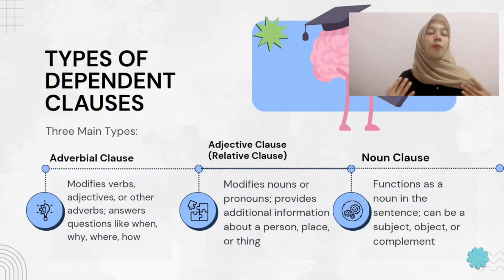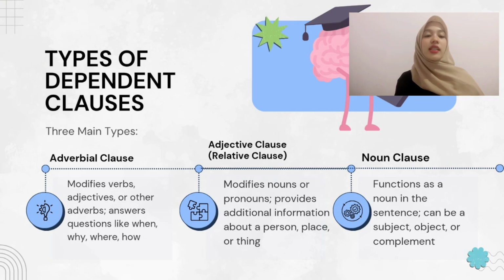Types of dependent clause. There are three main types of dependent clause. The first one is adverbial clause. It modifies verbs, adjectives, or other adverbs. It answers questions like when, why, where, and how. And the second is adjective clause or relative clause.